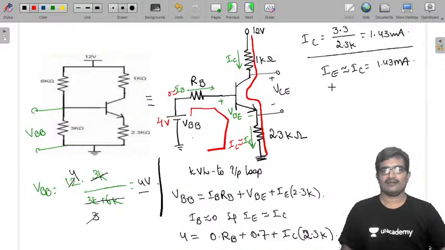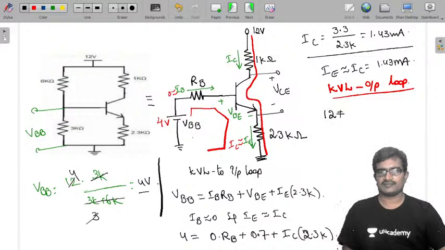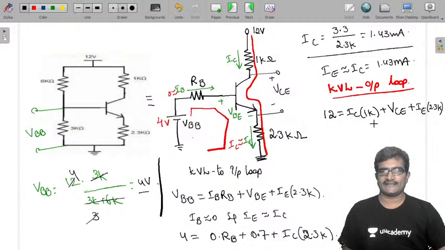So applying KVL to output loop: 12 equals IC into 1K plus VCE plus IE into 2.3K. But IE equals IC.